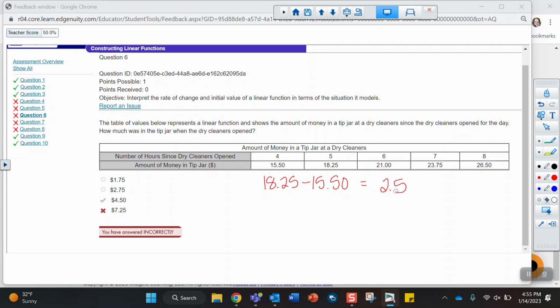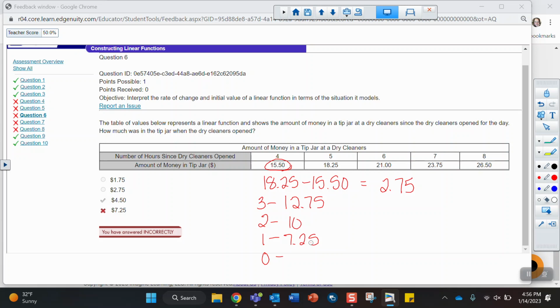So you could work backwards. We could look at day 3, day 2, day 1, and day 0. If we continue to subtract $2.75, whoops, I said 75 and I wrote 50, starting here, 15.50 minus 2.75, so day 3 it was 12.75, minus 2.75 is 10, minus 2.75 is 7.25, and we have to get all the way to day 0.